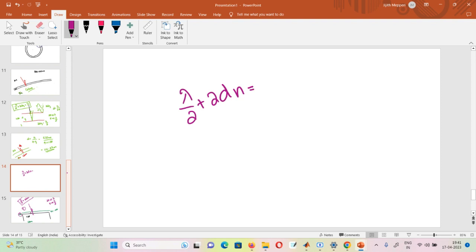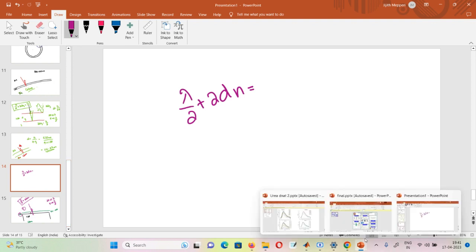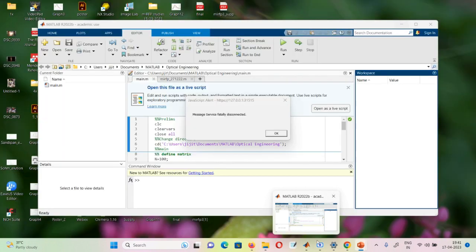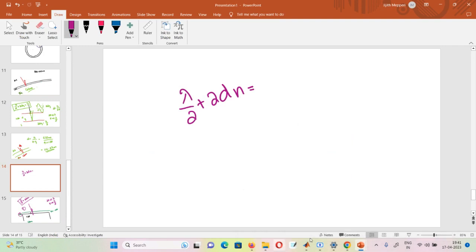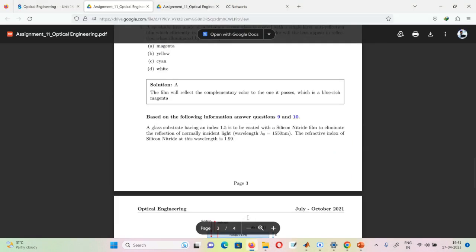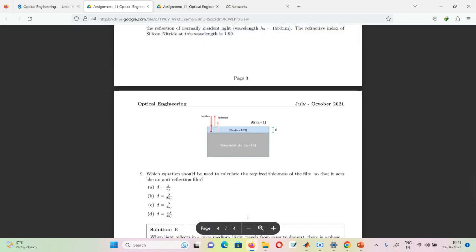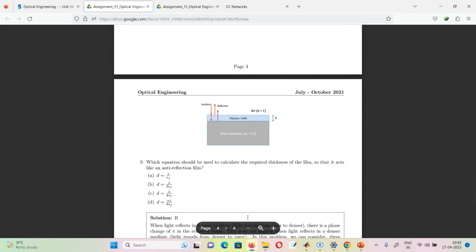Now you have to satisfy the condition for constructive or destructive interference. The question is which equation should be used to calculate the required thickness of the film so that it acts as an anti-reflection film. You don't want any reflection at the bottom or top, so there should not be constructive interference by the reflected light.